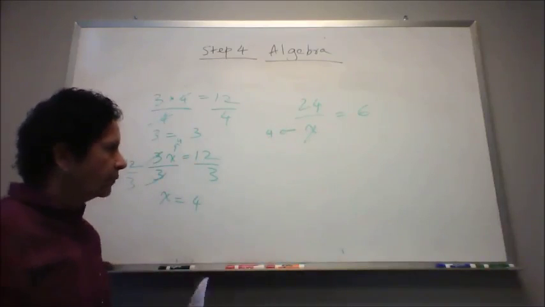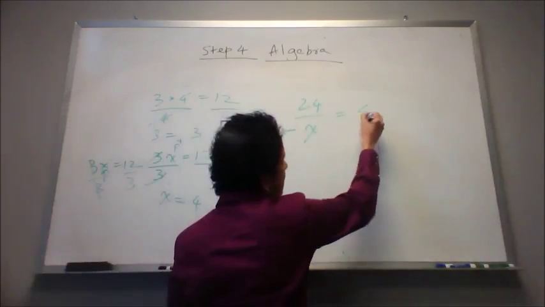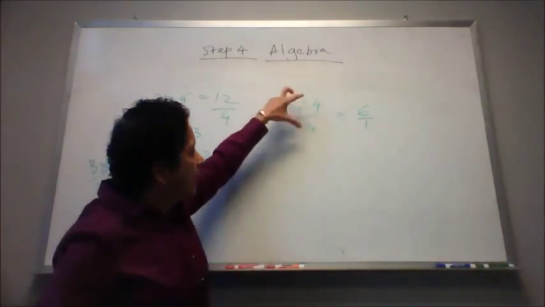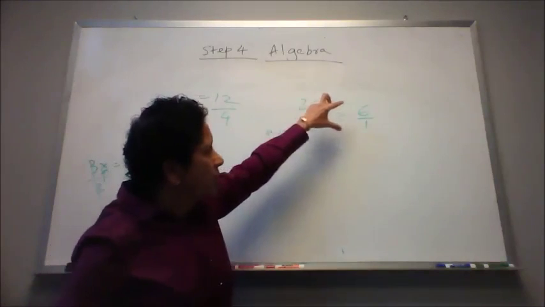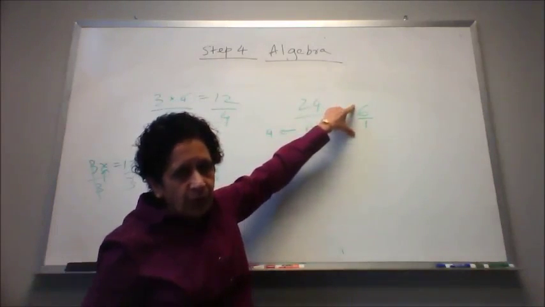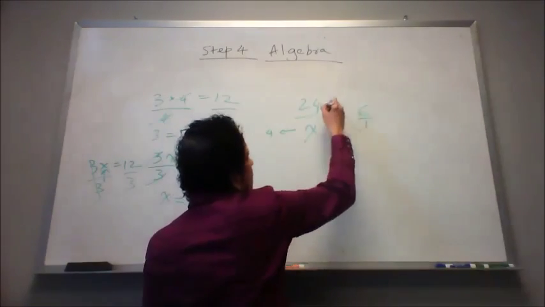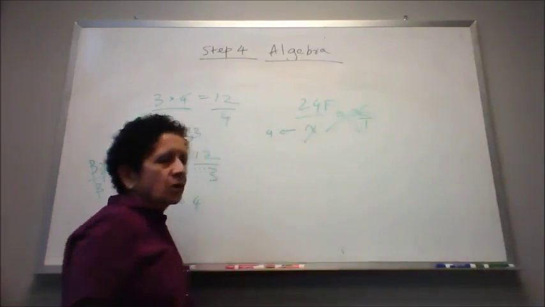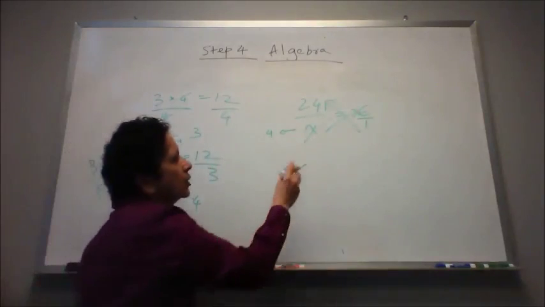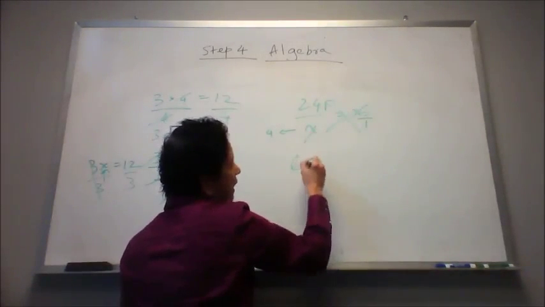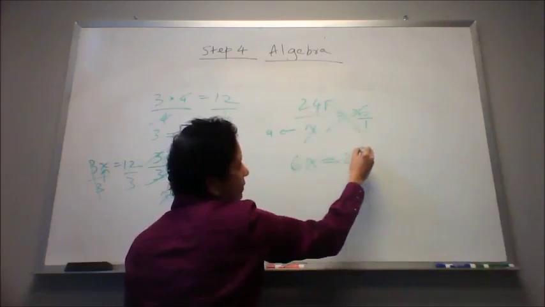Whenever you have 6, it means 6 over 1, right? Before, in step 2, we did that: if I have this ratio equal to this ratio, a proportion, then when you cross multiply, the products are always equal. So 6 times x equals 1 times 24, right?